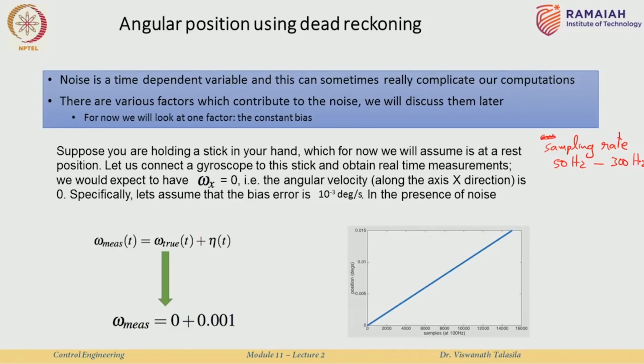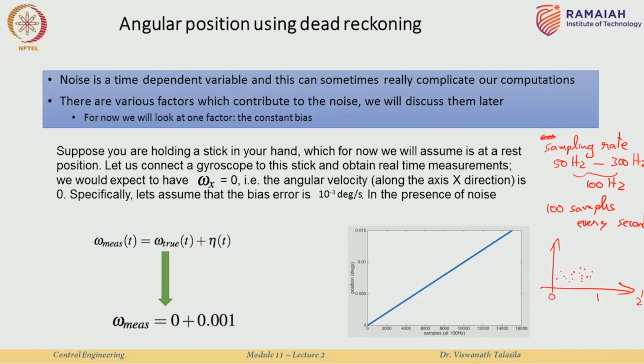What this means is that my gyroscope is throwing out, let's suppose we take 100 hertz just for the sake of discussion, 100 samples of data every second. In 1 second I get 100 samples of data from the gyroscope.